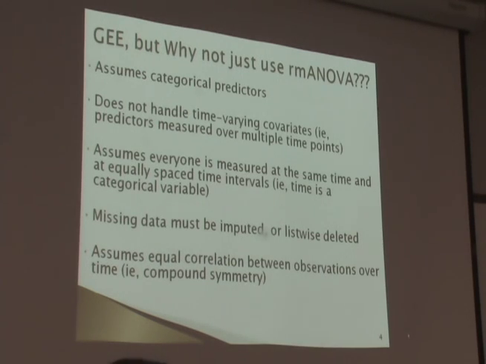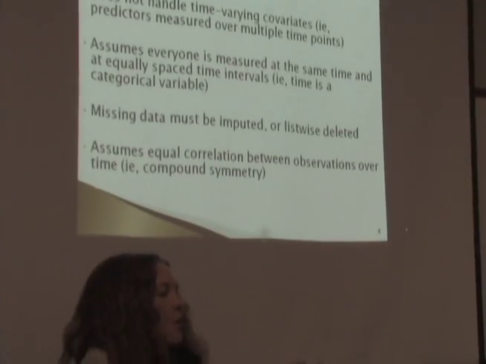So time 1, time 2, time 3, time 4. Is there an equal correlation between 1 and 2, 2 and 3, 3 and 4, etc.? 1 and 4, etc. Or does maybe the correlation diminish over time, or does it increase over time, or you know there's other variations besides that, but that might be more realistic to what we're thinking.